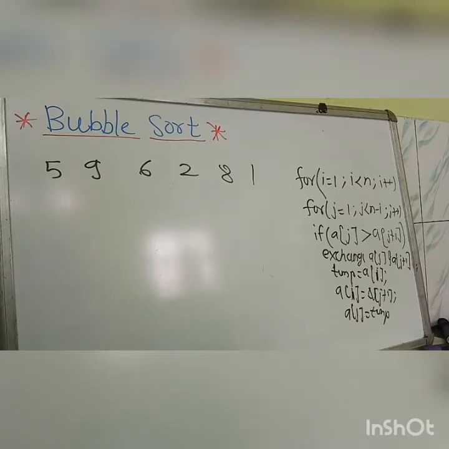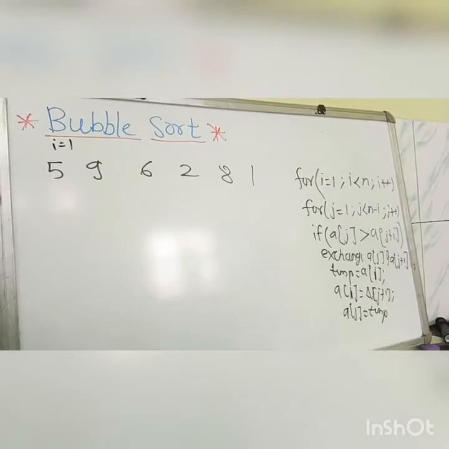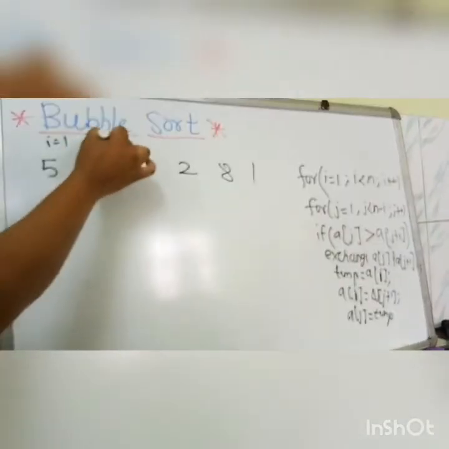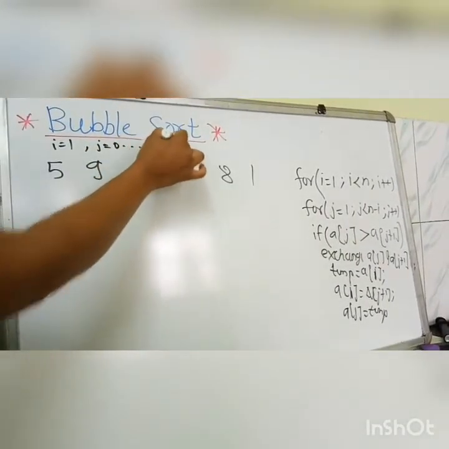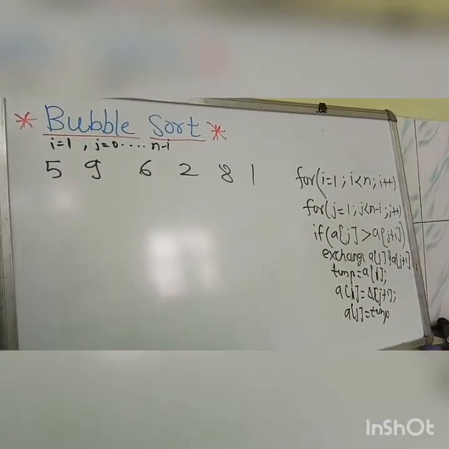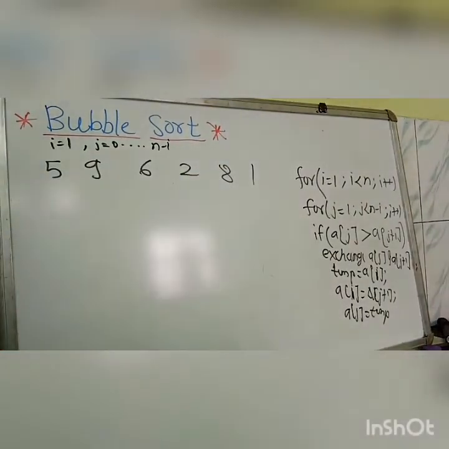When i equals 1, j advances from 0 to n minus i. Here in this case i is 1. Suppose here our n is 6. 6 minus 1 means 5. It will come to one element less than n, and so on. It will continue this situation.